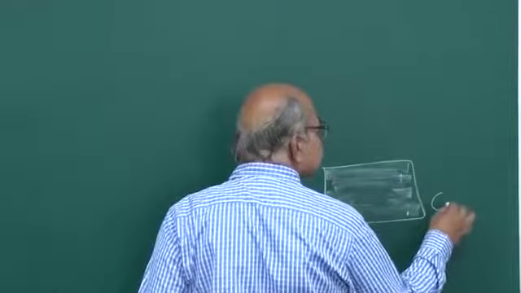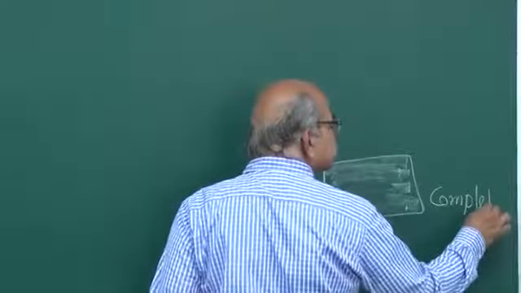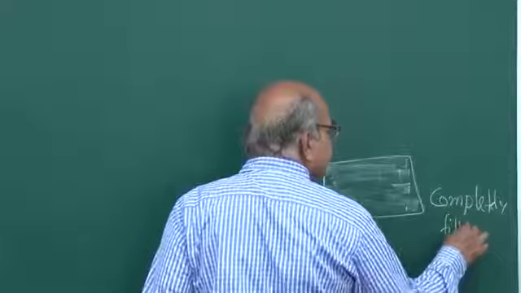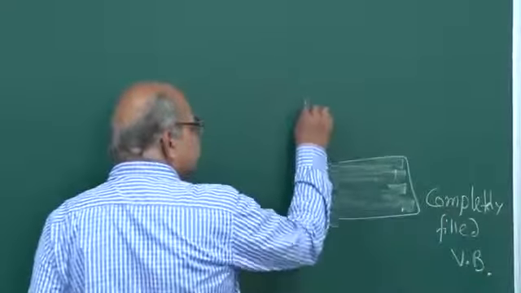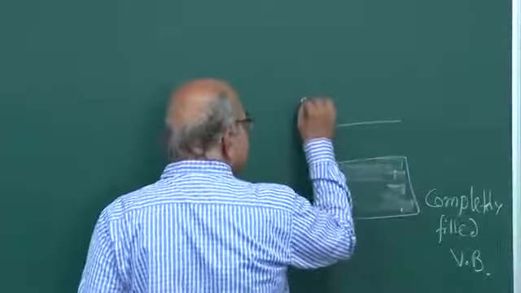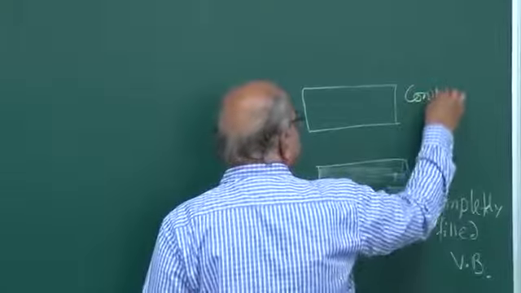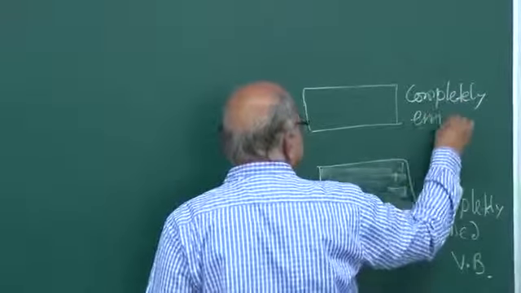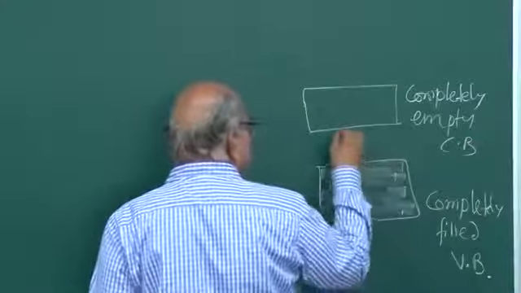So, this is completely filled, valence band, and then you have a completely empty conduction band, with a gap Eg.